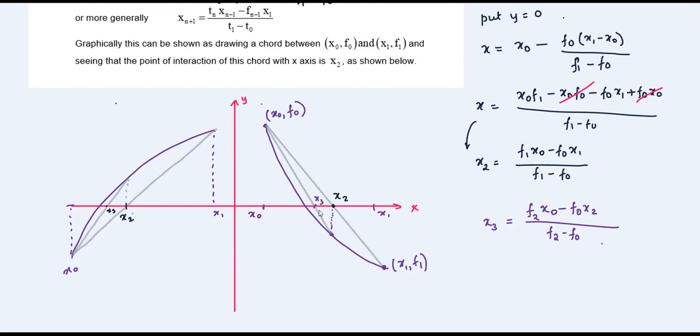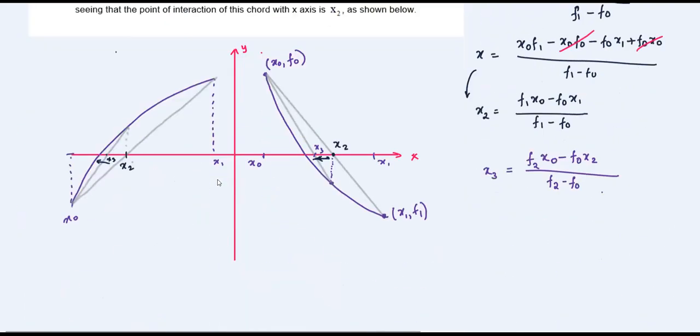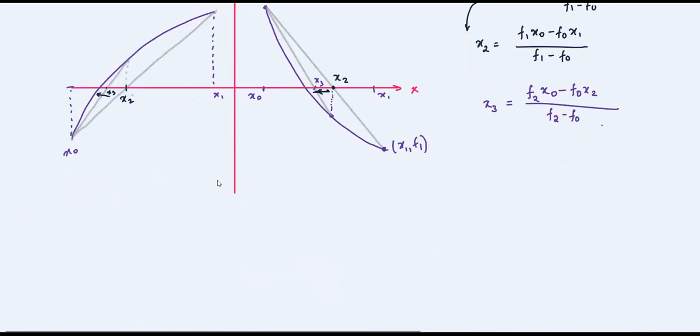So either we move this way or we move this way, closer and closer to the root. So this is the regular falsi method in which, by number of iterations, we come closer to the root.